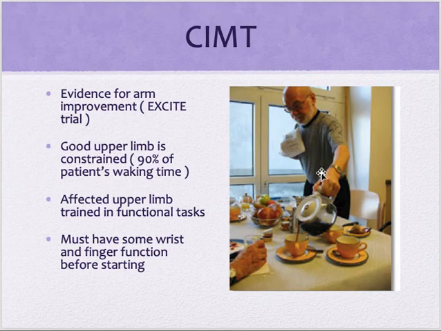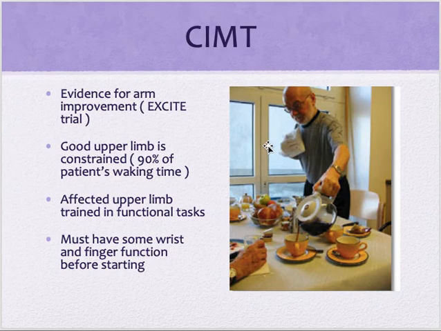If you see the photograph over here, maybe this person had a stroke of the left hand, so what they have done is put a constraint on the limb or arm which is not affected.